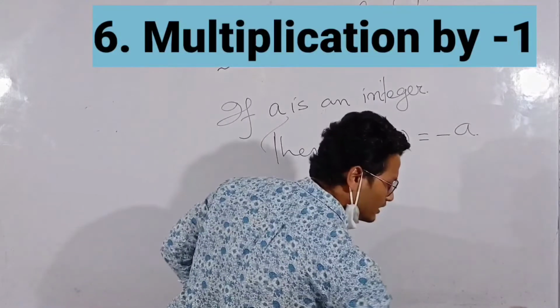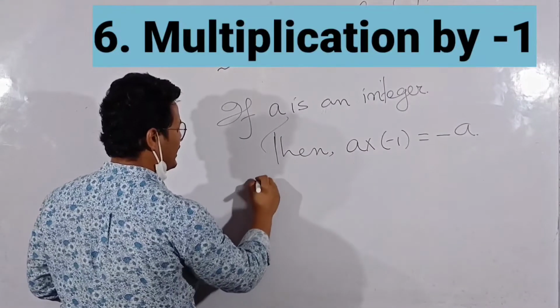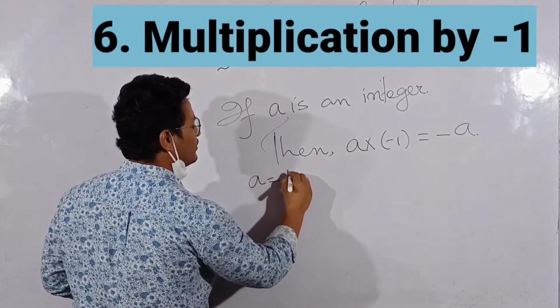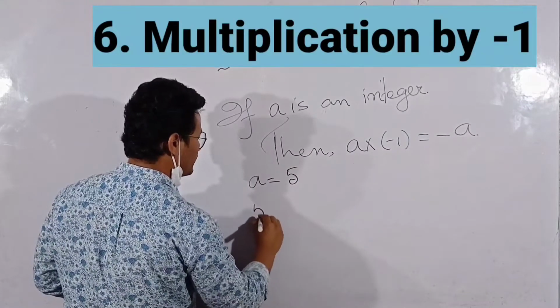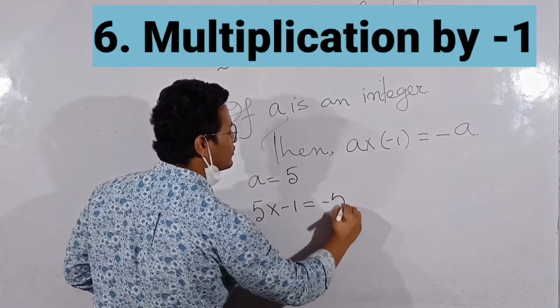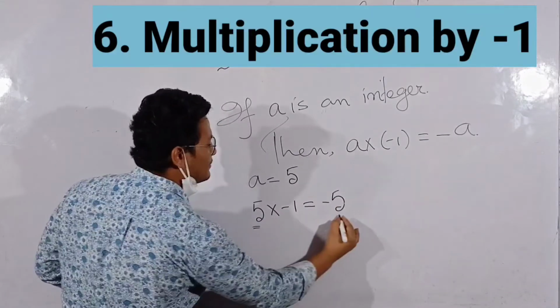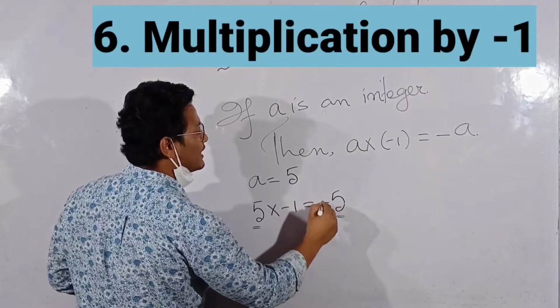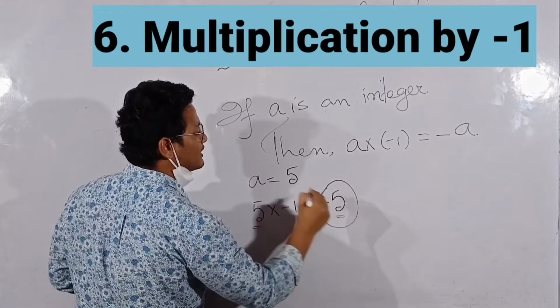Let's learn about this. Suppose a is equal to 5, then 5 into minus 1 is equal to minus 5. The number remains the same, only the sign will change, right?